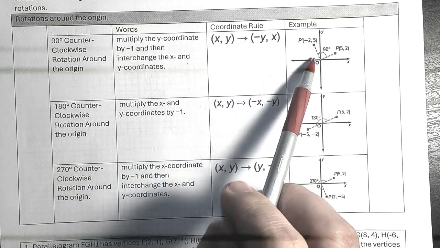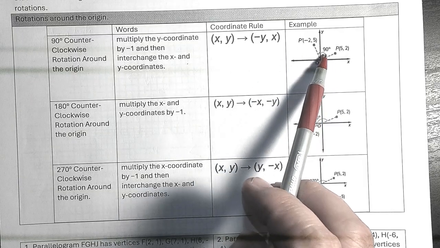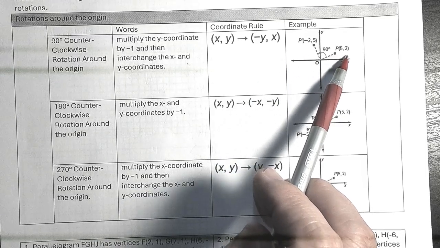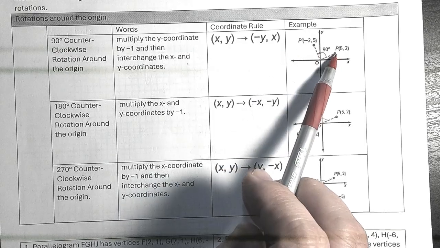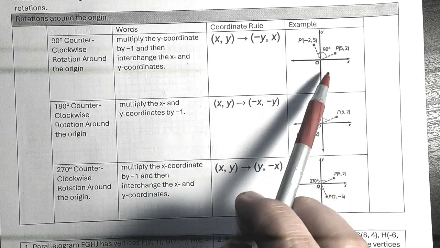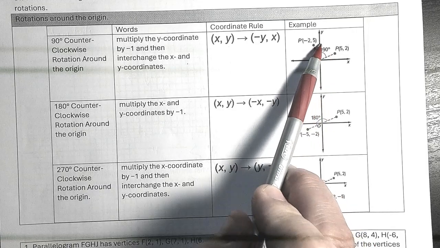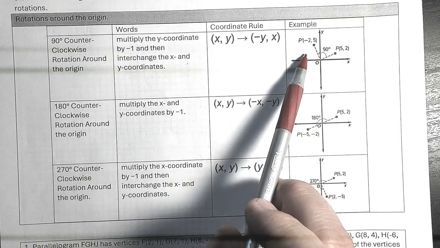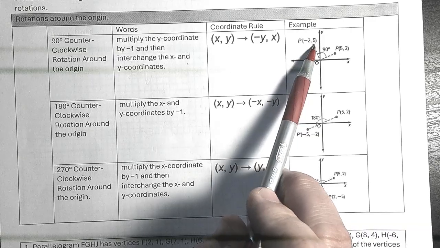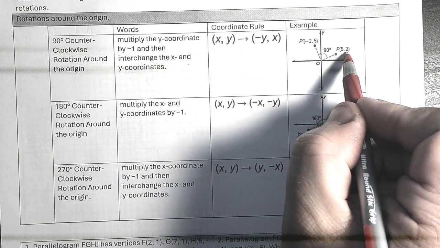So I'll give us a little example over here. P and then P prime. From here to here, notice the coordinate plane is split into 4 quadrants. We're going counterclockwise, this way to the left, 90 degrees. It puts us over here. So your x is 5 and your y is 2.